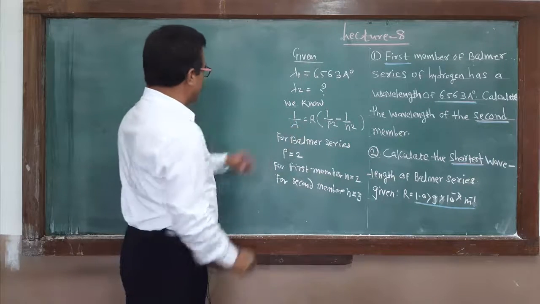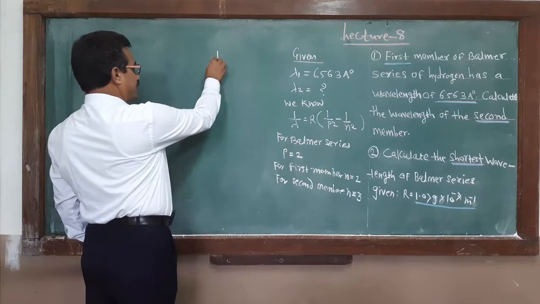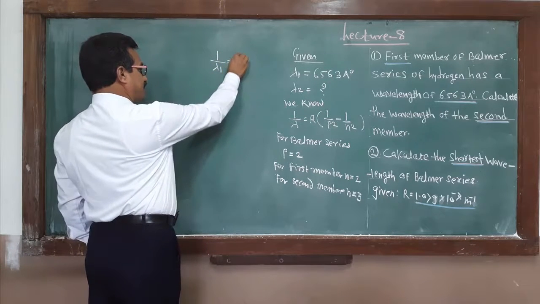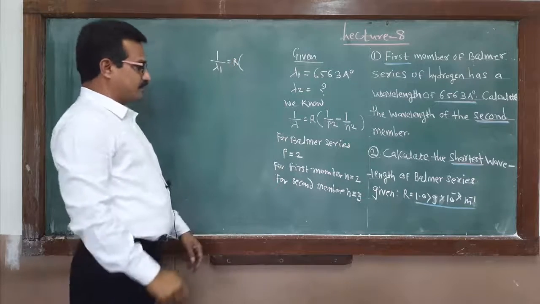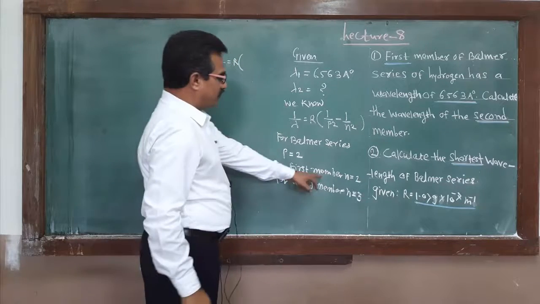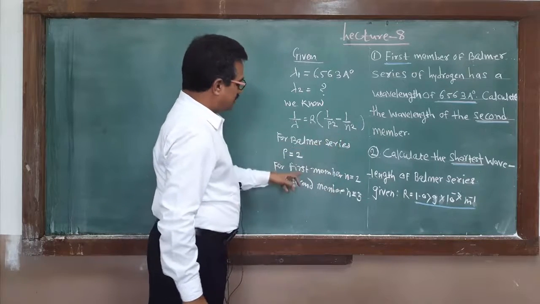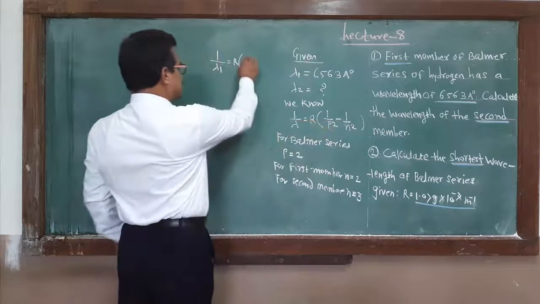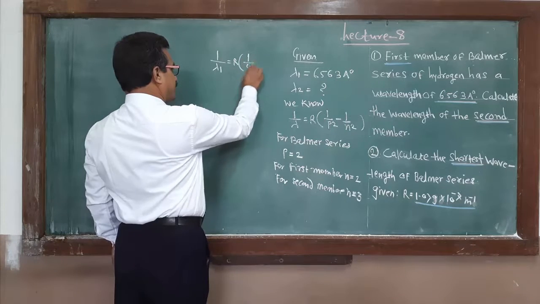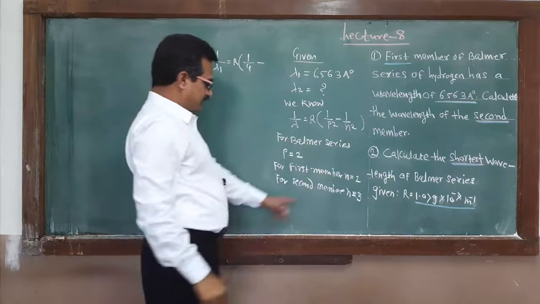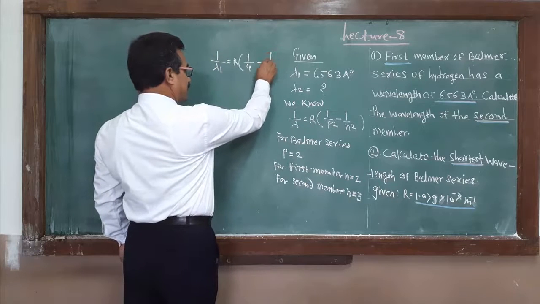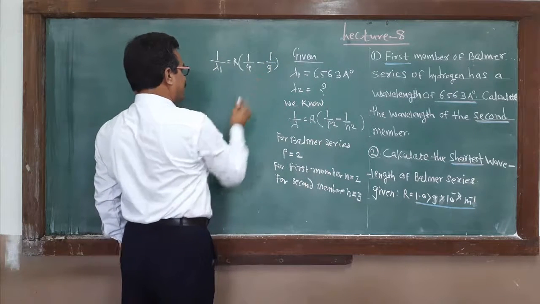By using this formula, 1 upon lambda 1 is equal to R in bracket 1 upon P square. For first member, the value of P is equal to 2. P square means 1 upon 4 minus, N is equal to 3, N square means 9.